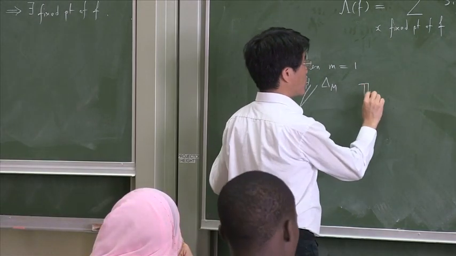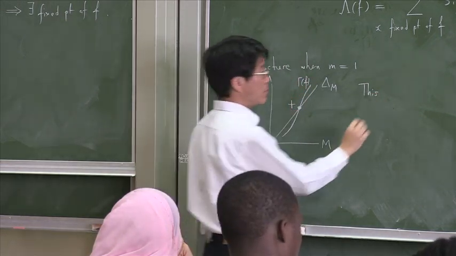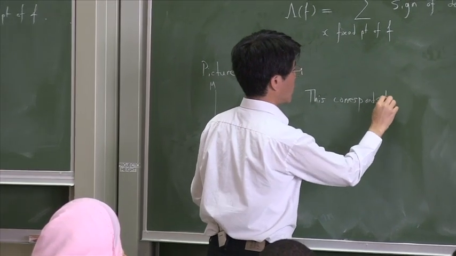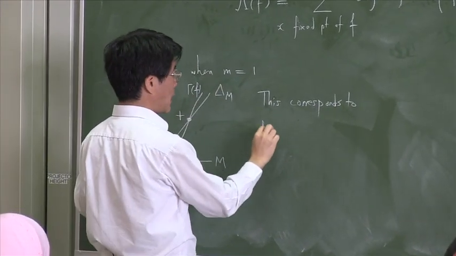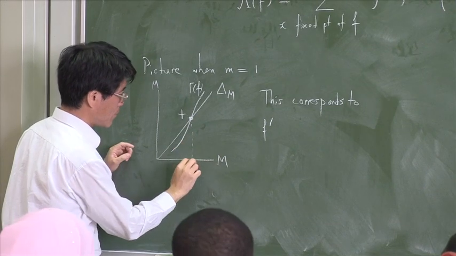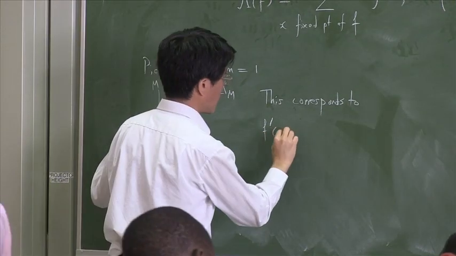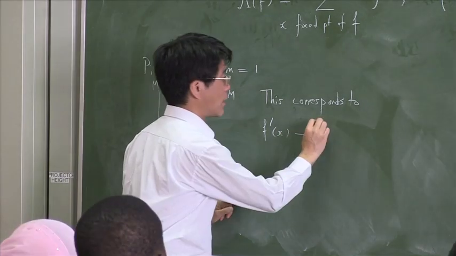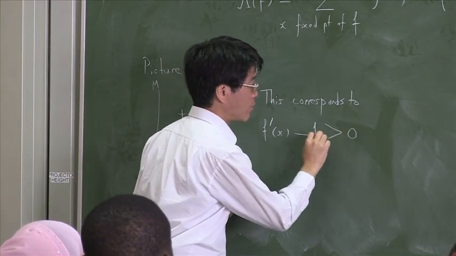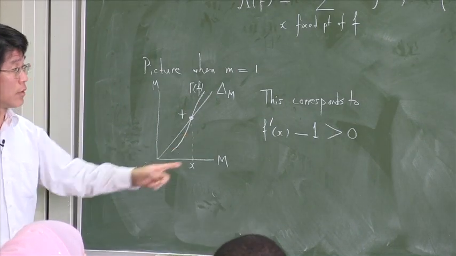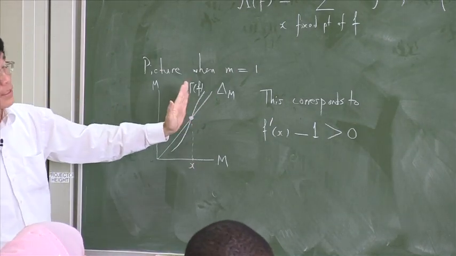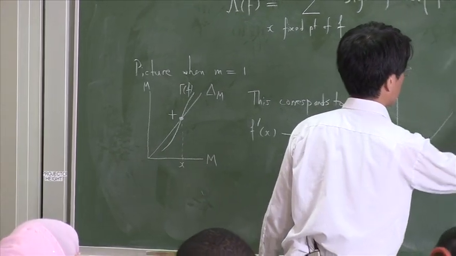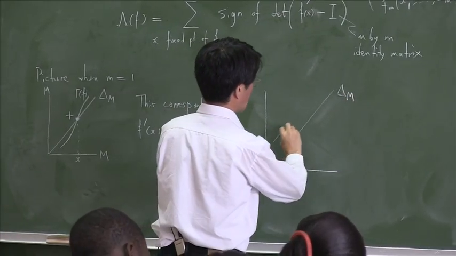This corresponds, in terms of the derivative, to the statement that at this point, f prime of x minus the 1 by 1 identity matrix, which is just 1, is positive. And that's true. The derivative, the slope, is larger than 1. And similarly, you have guessed already what's going to happen. The corresponding picture for the negative case looks like that.